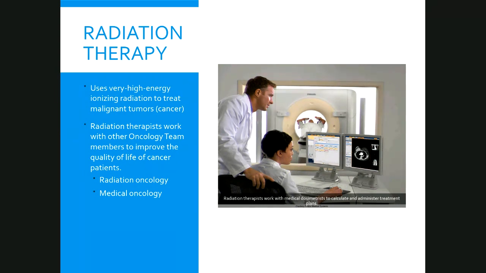They usually work with an oncologist, which is the doctor that specializes in cancer treatment. They can work with a dosimetrist who figures out the dose that the patient needs. They'll work with a radiation physicist. Typically, minimally, an oncology team for a patient has about 5 people on that team.